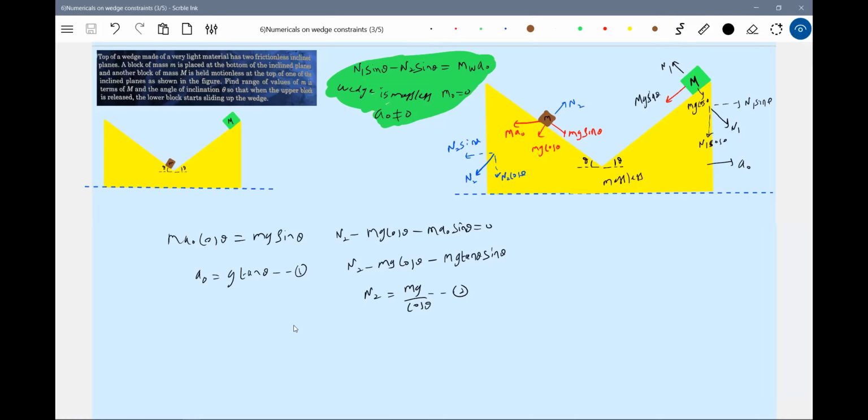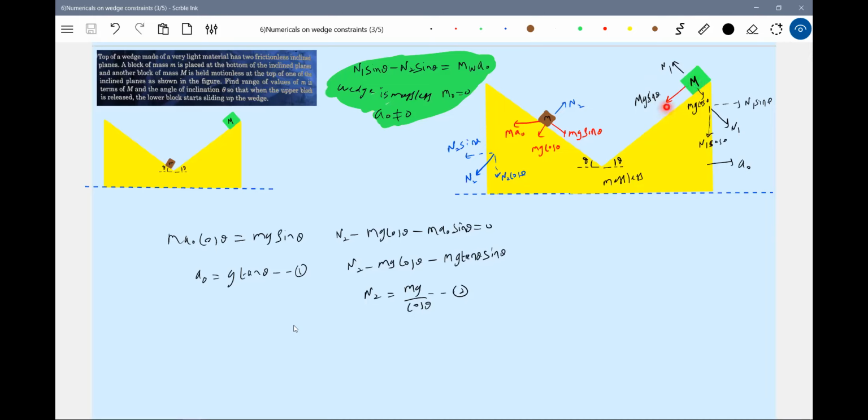Look at this block. As the wedge is sliding, what is the motion of the block? It will move somewhere in a plane like this. But with respect to the wedge, how will it move? Along the incline. So is there any relative acceleration between the block and the wedge perpendicular to the incline?